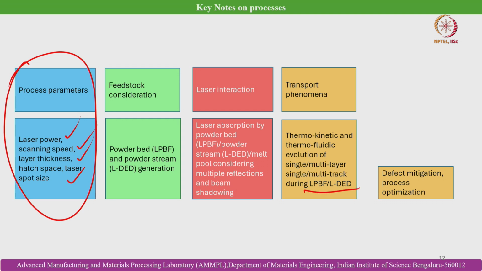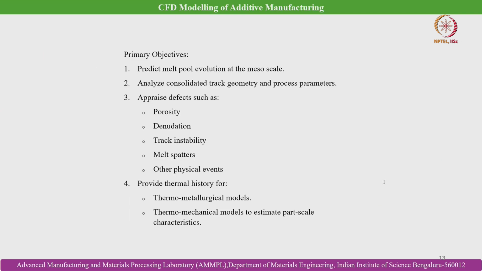So, the objective is defect mitigation and process optimization. Then how can we accomplish the goals? We can do that by CFD modeling of additive manufacturing. The primary objectives are predicting melt pool evolution at the mesoscale, analyzing the consolidated track geometry and process parameters, and appraising defects.